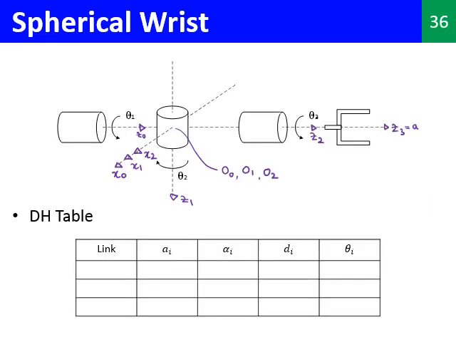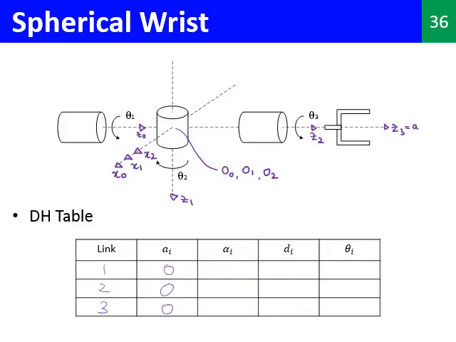Okay, let's fill the DH table now. If you take all three links, 1, 2 and 3, you will find the link length A will be 0 for all these three, because A means the distance between the z-axes, and here all z-axes intersect at that common point.